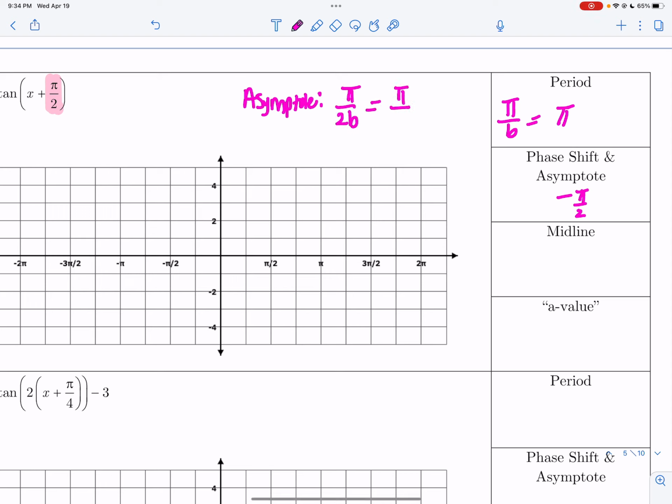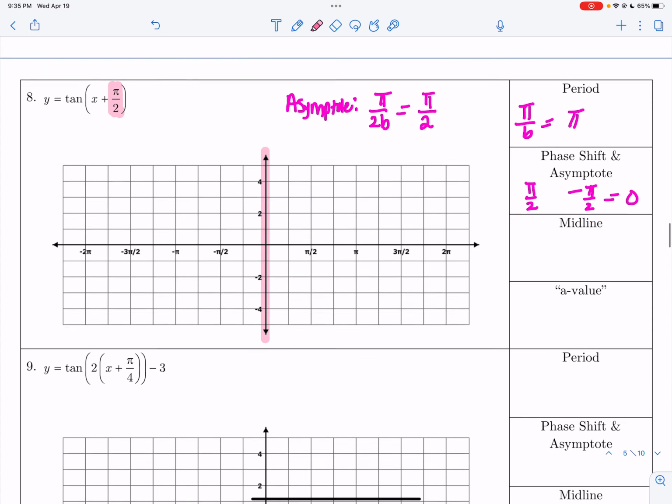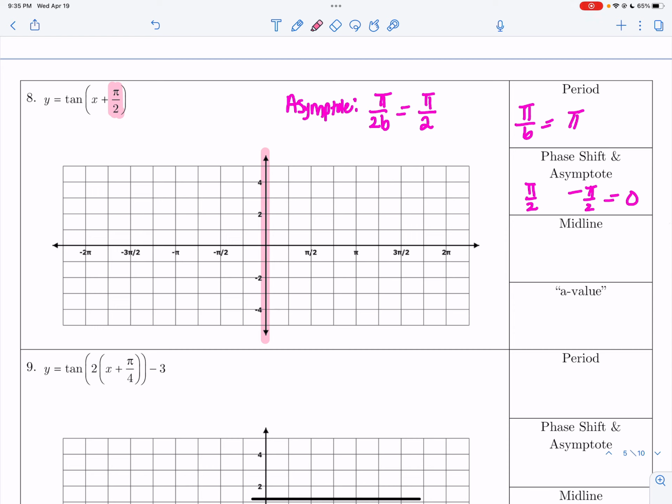Well, I have a b value of 1, so it's just pi over 2. This is my asymptote, and then this negative pi over 2 represents my phase shift. Which tells me that pi over 2 minus pi over 2 is just 0, aka I have an asymptote at 0. And then since my period is pi, I'm just going to add on every pi so that my period from here to here and here to here and here to here is pi.